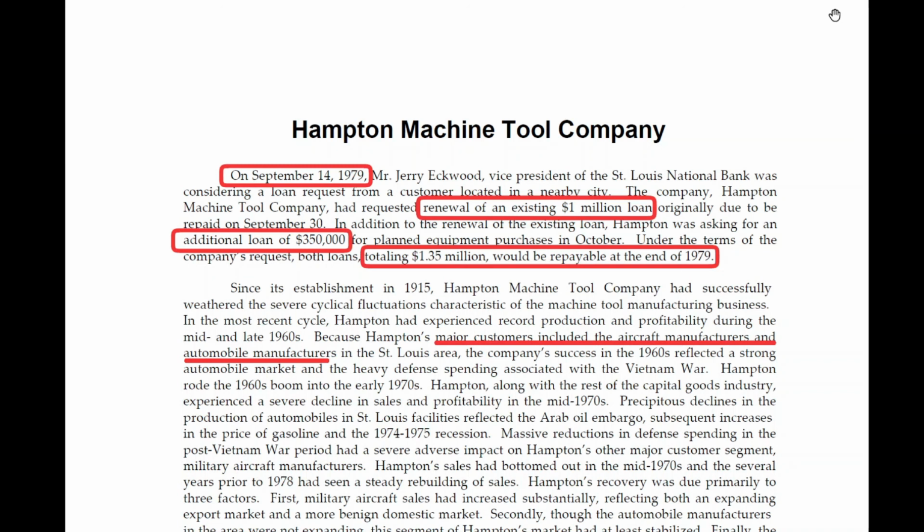At the same time, the company is asking for additional loans of $350,000. This will be for a purchase of new equipment in October. We are now at the middle of September. The company will not be able to pay back the existing $1 million loan, which is going to be due in 2 weeks.